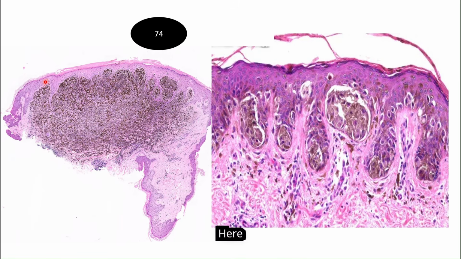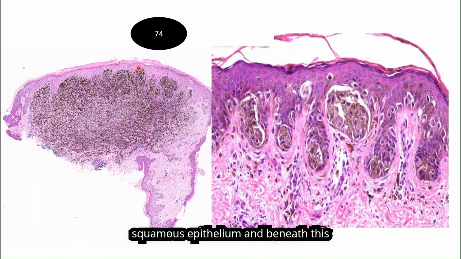Here squamous epithelium, and beneath this there is excessive deposition of melanin pigmentation, and in high power view you can see malignant melanoma features by presence of malignant cells and excessive melanin pigment.